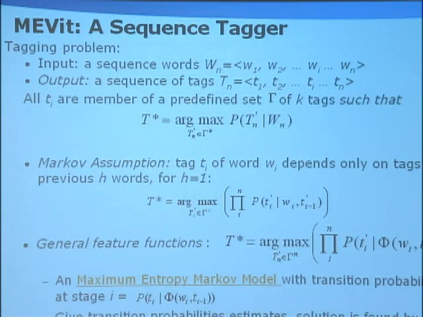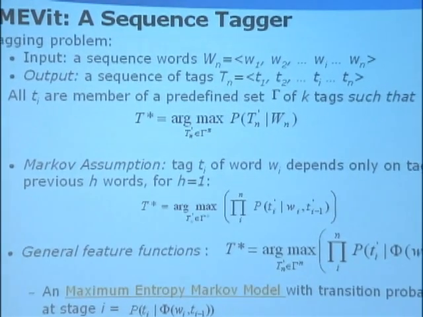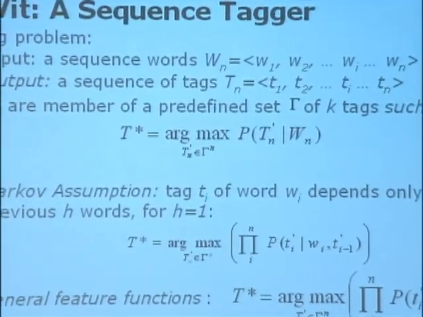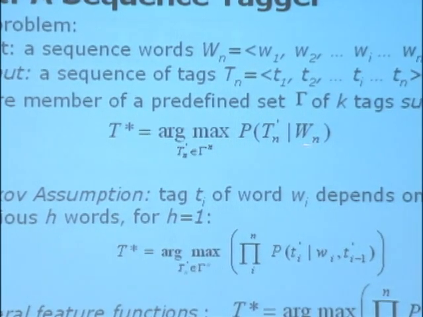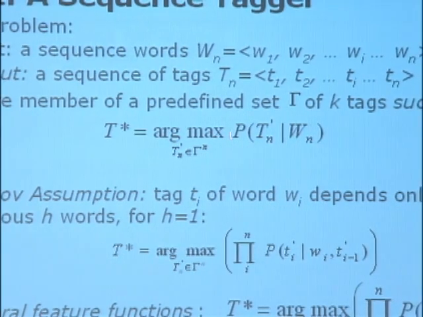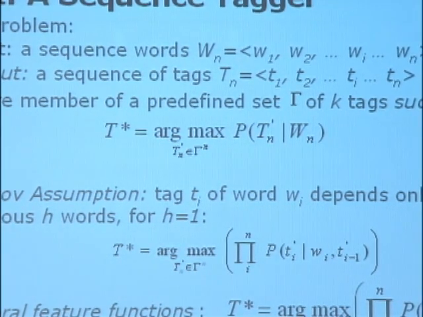And what you're looking for is some sequence of tags that, given the word sequence, maximizes some score. So this is basically a search problem. You're searching for that tag sequence that maximizes this, which happens to be a conditional probability. To estimate that, what is typically done is what is called a Markov assumption.